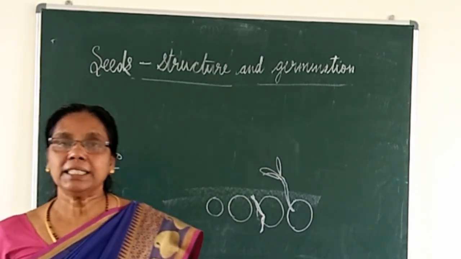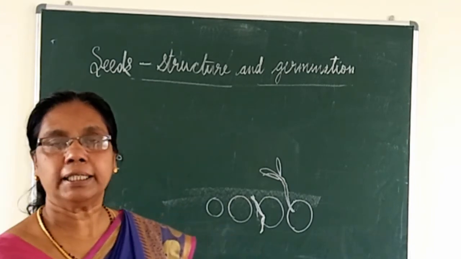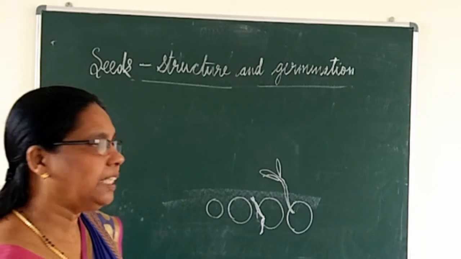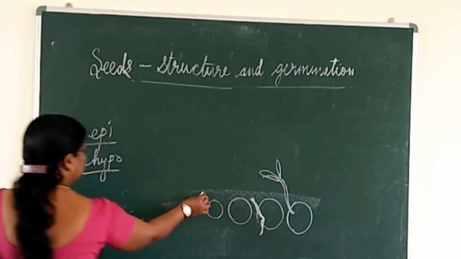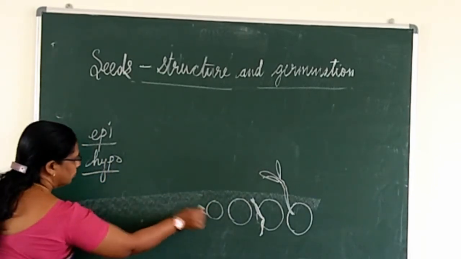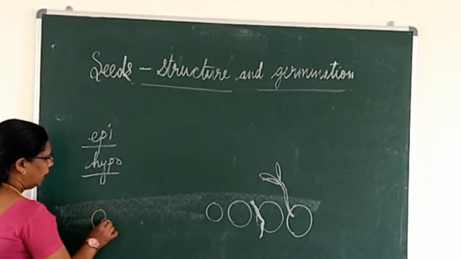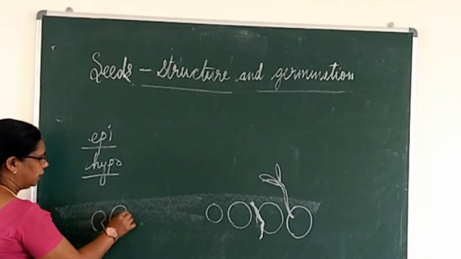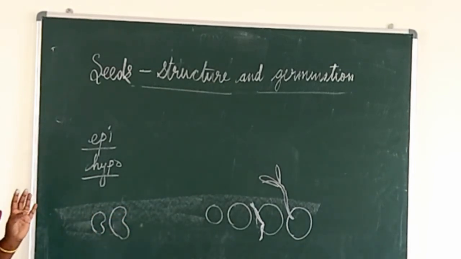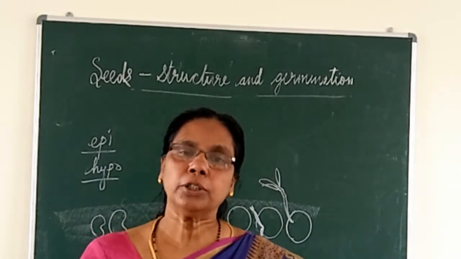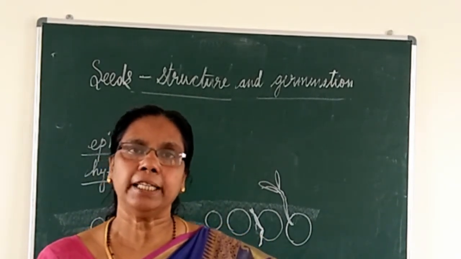Now going to the bean seed, now let us see how it takes place. Yes, here also the bean seed will absorb water. In the same way, you can see this is the soil level, and we are putting the bean seeds in the soil, and again it absorbs water from the environment and swells up, and here also the seed coat breaks open.